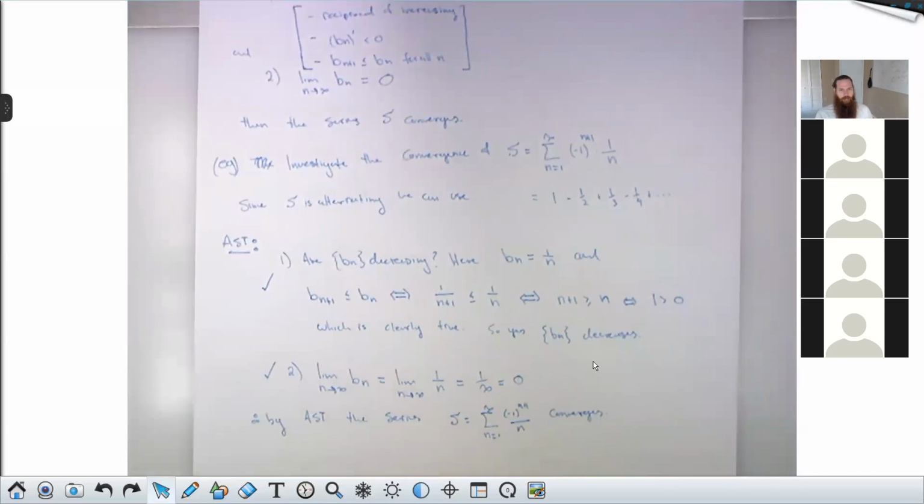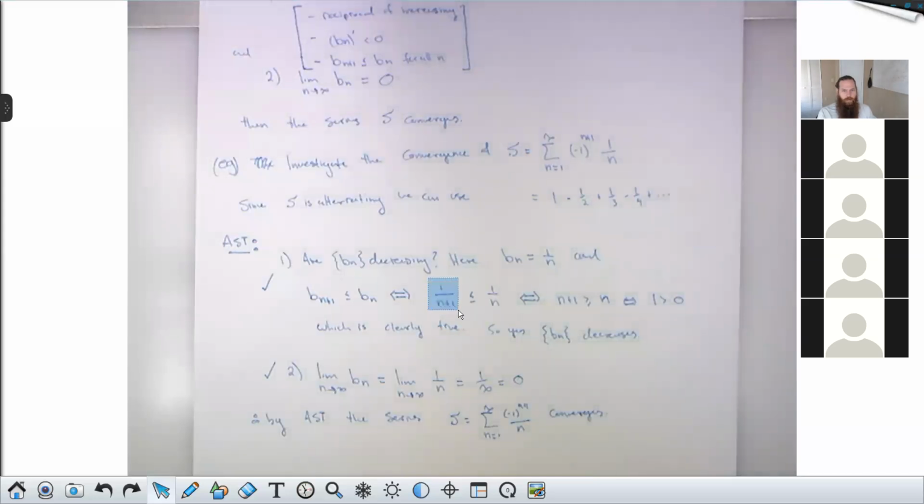So how did you go from, in the first section, how did you get that whole, the equals, the next equals the next equals the next? This? No, for the first part of the test. How did I go from here to here? Yeah. Well, if Bn is 1 over n, then B sub n plus 1 is 1 over n plus 1.